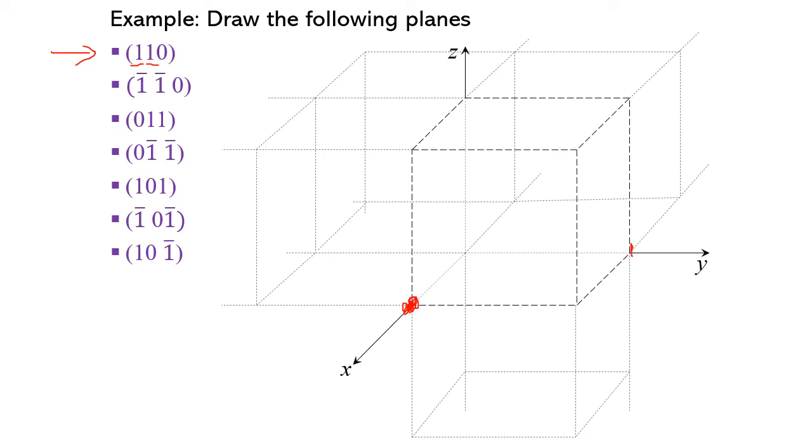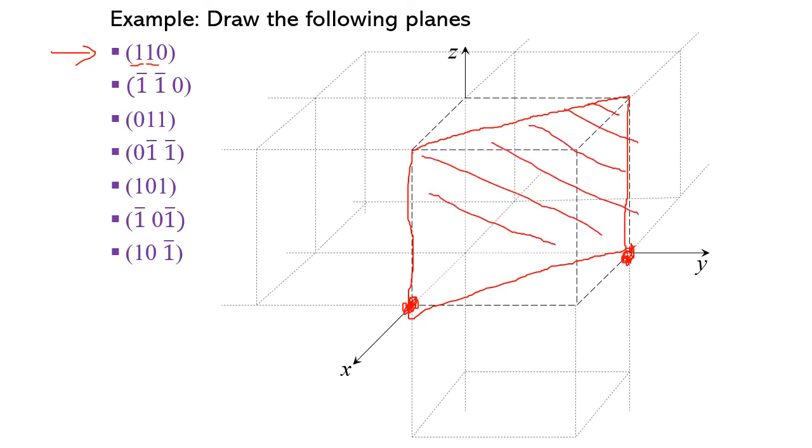Then this is the y intercept of this plane. But this plane does not intercept the z axis, so it is parallel to the z axis. So this is the required plane.